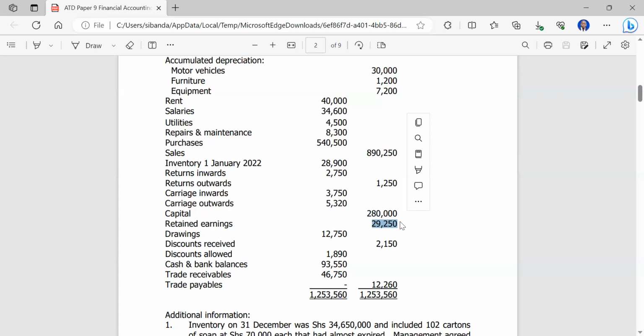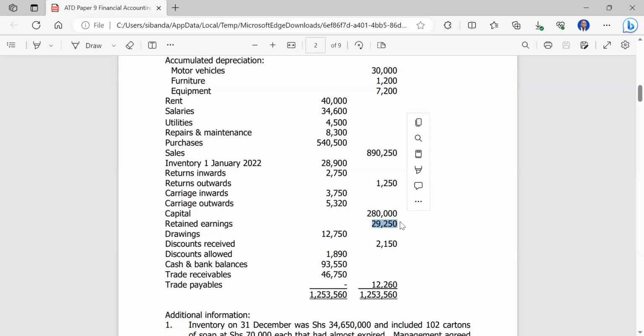So that's why I'm saying that this figure is cumulative of what has happened in the previous periods. Are there cases when this figure is debited? And if it's debited, what does it mean? Yes, there are times when this figure can actually have a normal debit balance. That means that cumulatively, the company has made a loss.